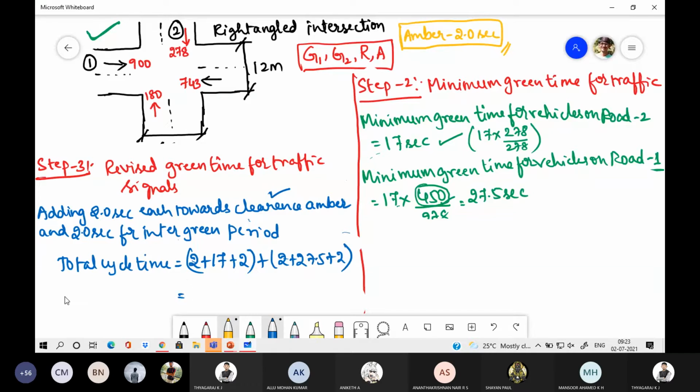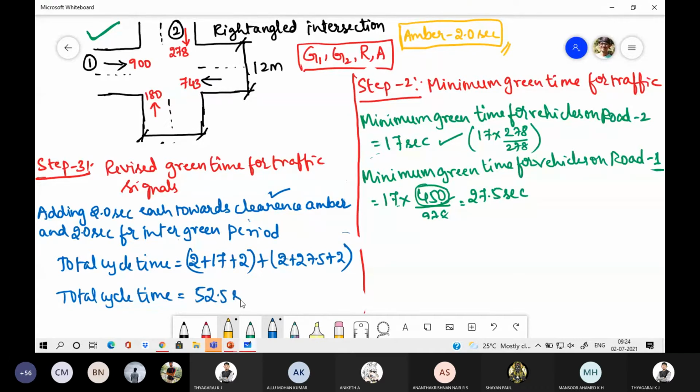Now tell me what is the total cycle time we are getting. Add it and tell me. Kindly respond, how much?